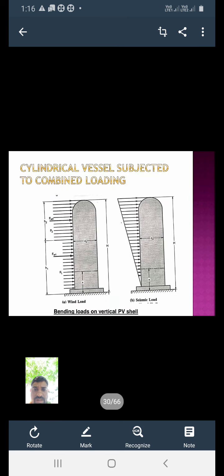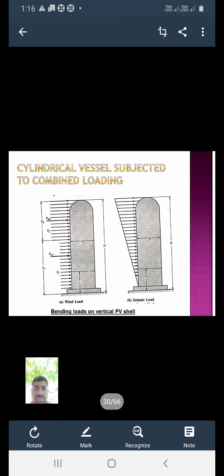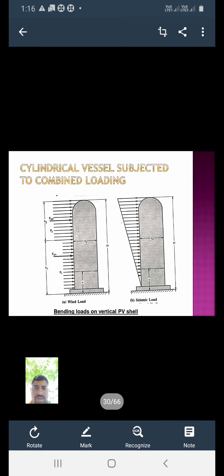Next, again, bending load on the vertical pressure vessel. Here I have shown H1, H2, Fw2, F1, P1, P2, and Do is the diameter. See how the forces act in the wind load and seismic load on the vertical pressure vessel.